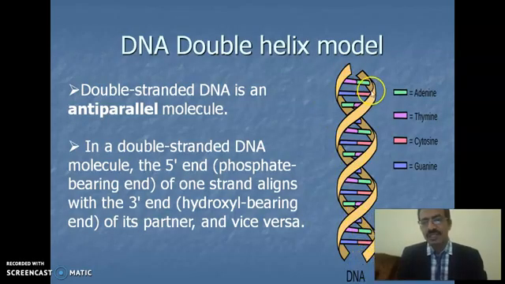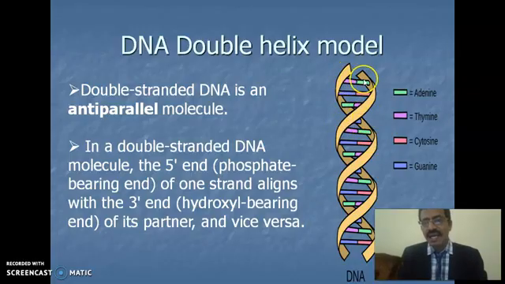And in the opposite strand it is arranged in the opposite manner, like this tip is called the 3' end and the other tip is called the 5' end. So here these two strands are arranged in an anti-parallel manner and they are helically coiled.